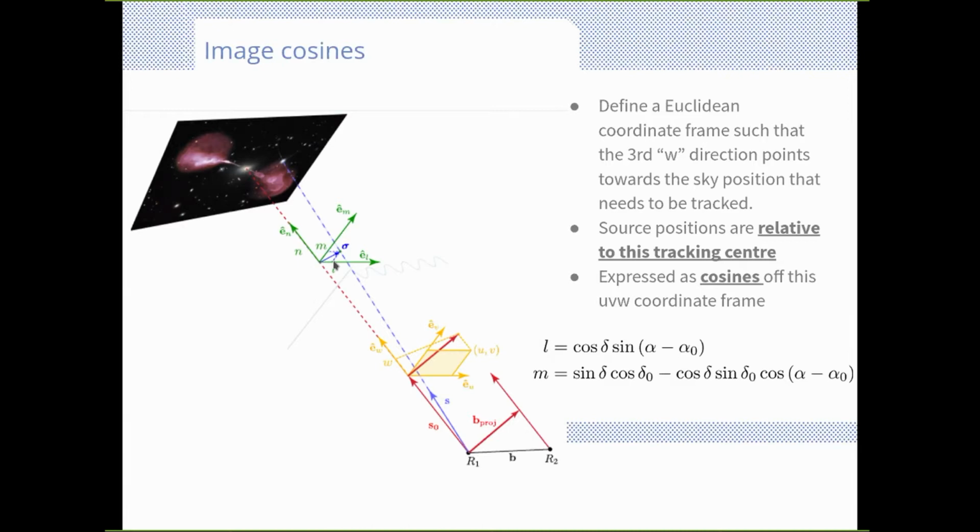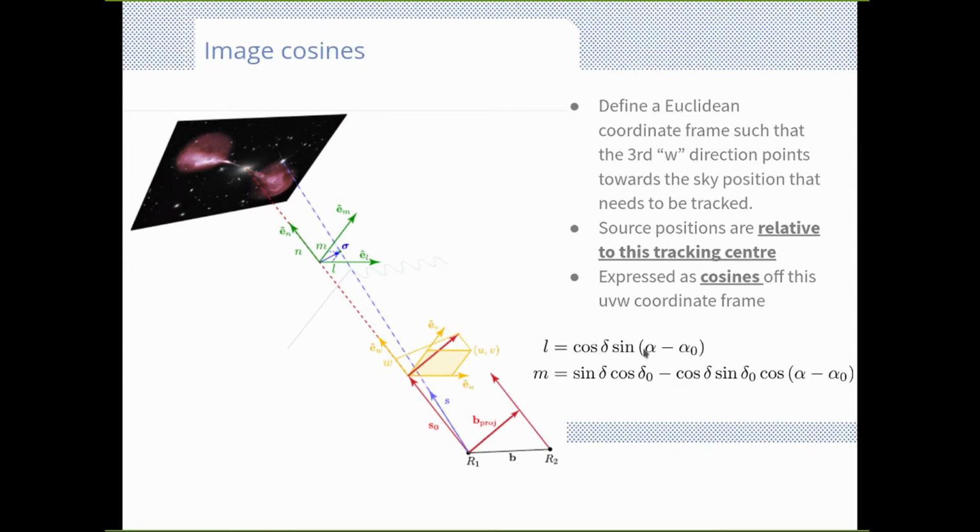So basically, if we have an offset source here lying off the n-axis, then we're going to measure 1 minus this new n direction to the source, right? In the last cosine, and an offset in the L and M cosines. Importantly, as I said, these cosines lie on the unit sphere. They only range from -1 to +1. So they shouldn't be confused with the angles and the offset angles between the tracking center and the source position.